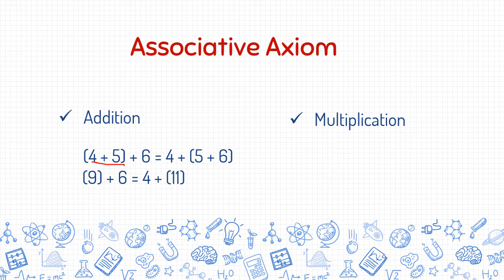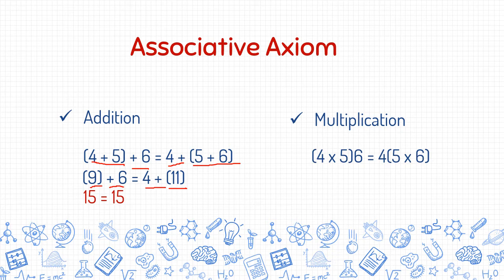Then copy plus 6. Next, 5 plus 6, we have 11. Then copy 4 plus. So we have 9 plus 6 is equal to 4 plus 11. Let's check. 9 plus 6 is 15. Yes. 4 plus 11 is also 15. So therefore, this example is an associative axiom.